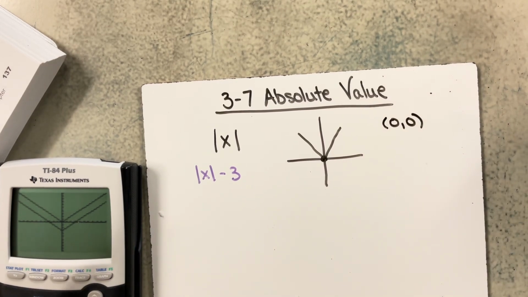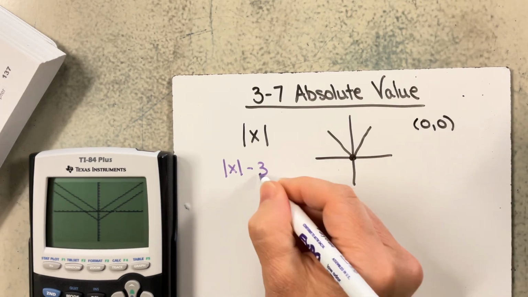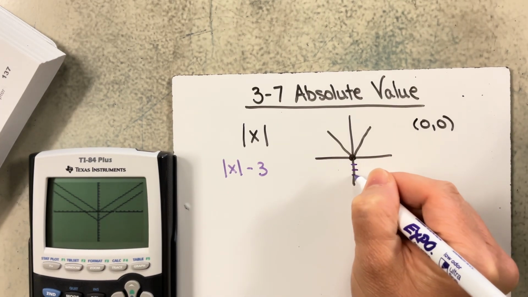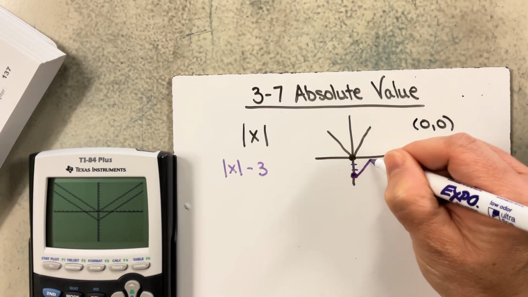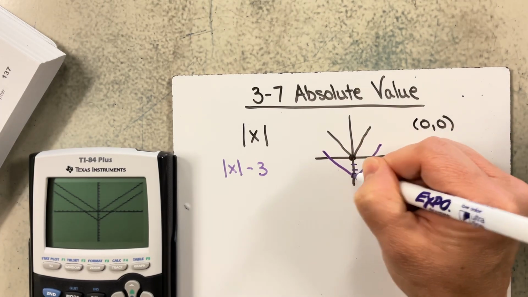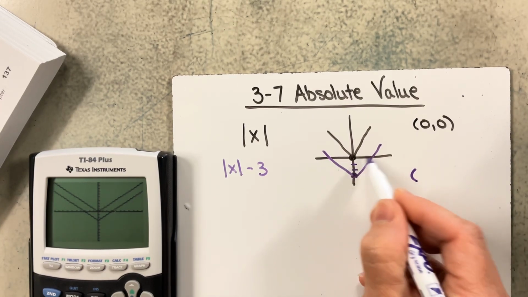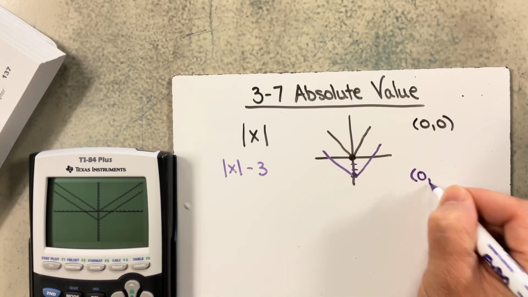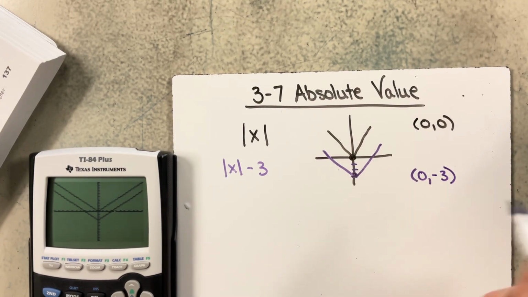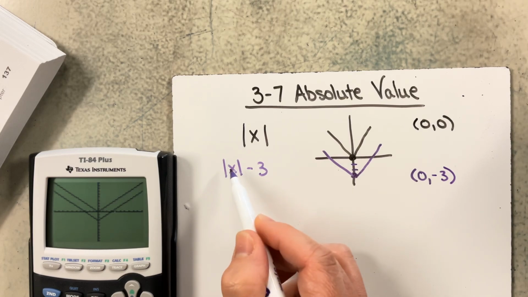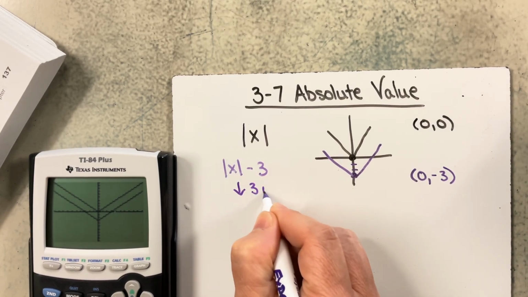But when we look at this new graph, it moved it down 3. So 1, 2, 3, it went right there. It still had exactly the same pattern. Okay, but now my vertex is at 0 in the X direction and negative 3 in the Y direction. So this takes my absolute value function and moves it down 3 units.